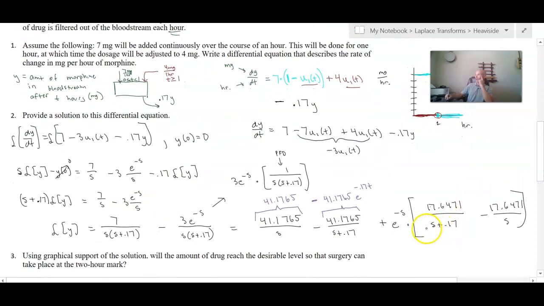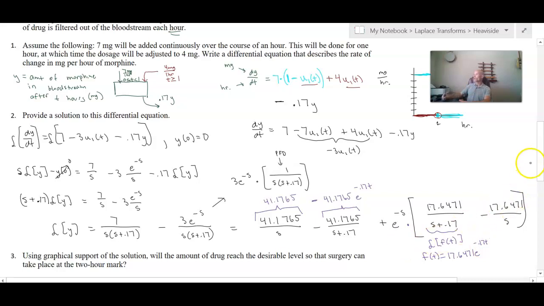So this right here is already the Laplace of some function, right? The question is, what is f of t? What is the function that we would have to Laplace to get this? Well, that's pretty straightforward enough. That's going to be 17.6471 e to the negative 0.17 t.